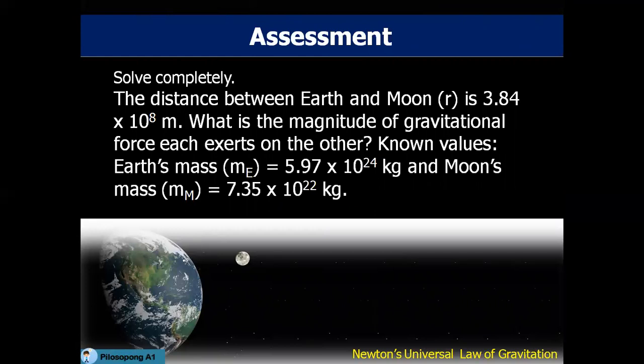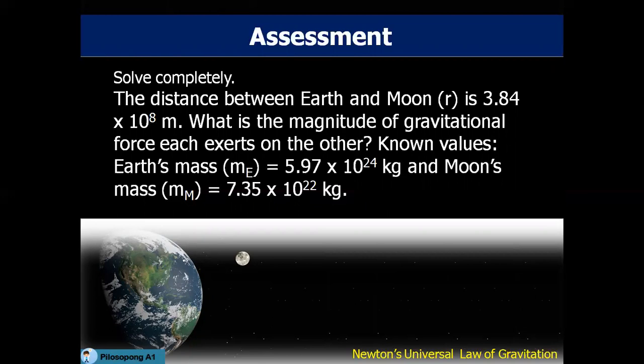So this one will be written on your paper. So at least one bond paper for each lecture. So we have 2 questions here. You need to solve completely this word problem. The distance between Earth and Moon is 3.84 times 10 raised to 8 meters. What is the magnitude of gravitational force each exerts on the other?